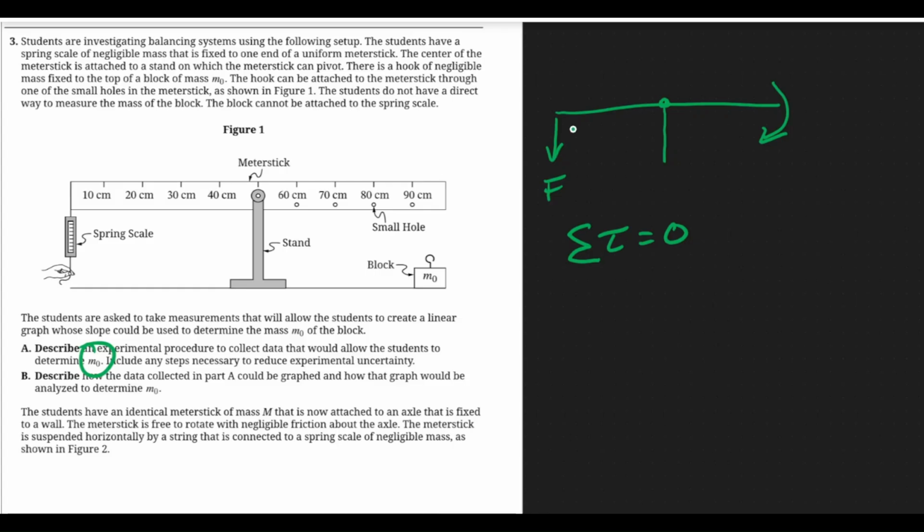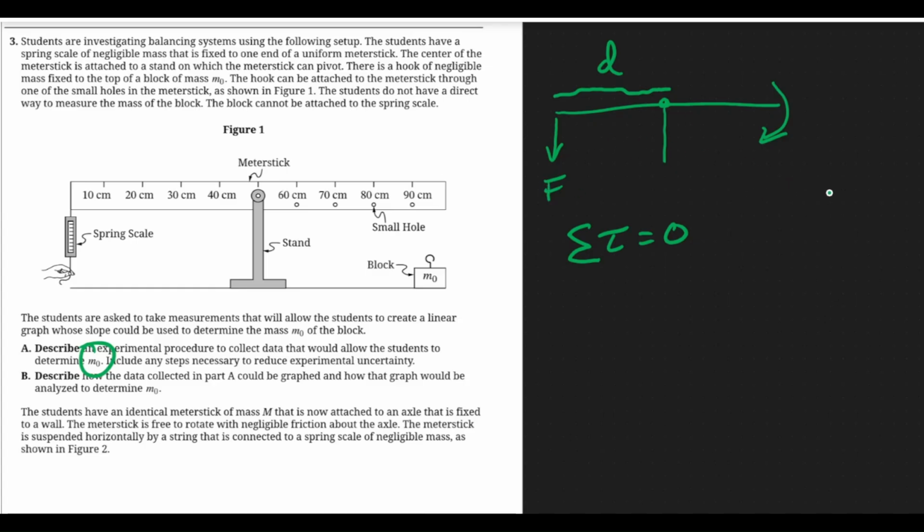Well, I know this force, and I know this distance right here, and if I look at this meter stick, I can find the different distances right here as well.